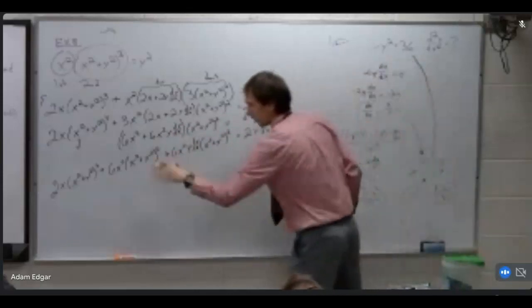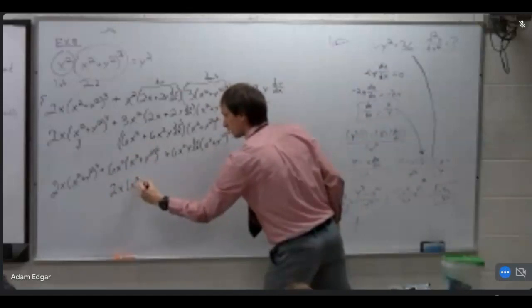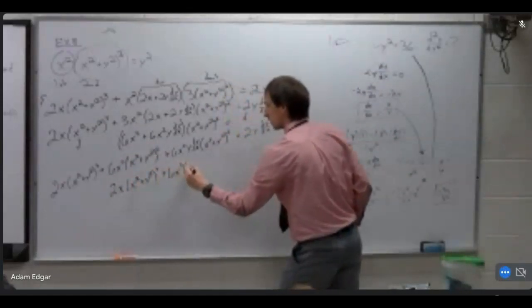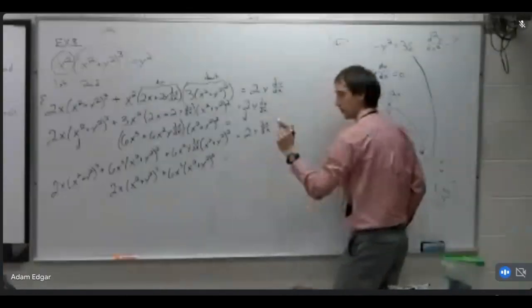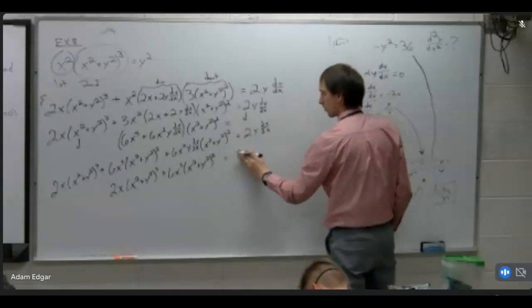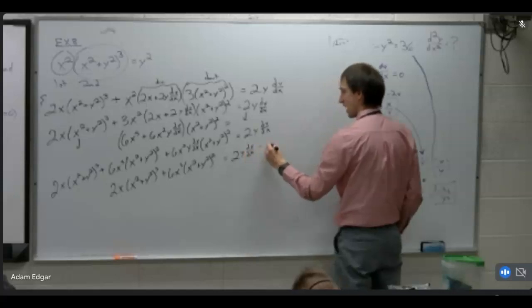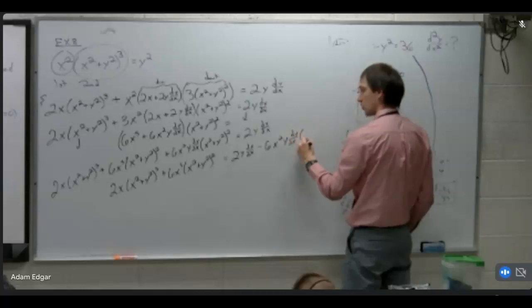So those first two terms on the left are good where they are. They're going to stay put. And then you're going to pick up that whole dy dx term and move it to the right side and make it subtraction. So we have minus 6x squared y dy dx, quantity (x squared plus y squared) squared.